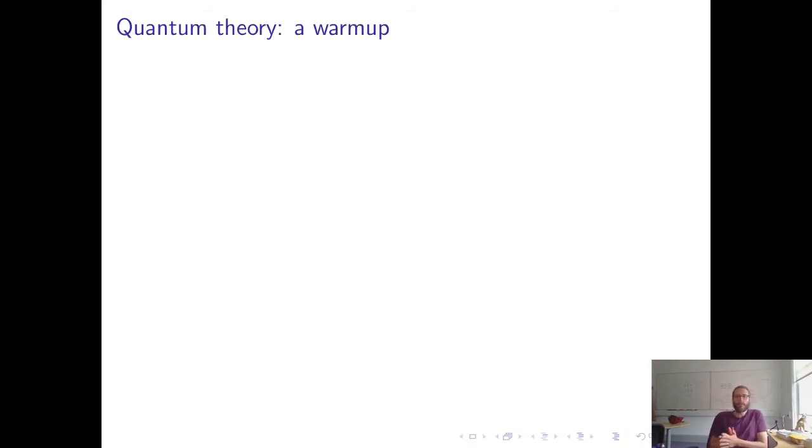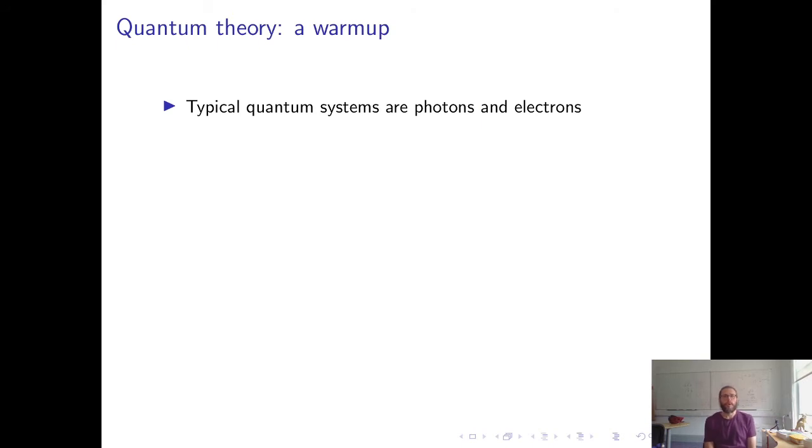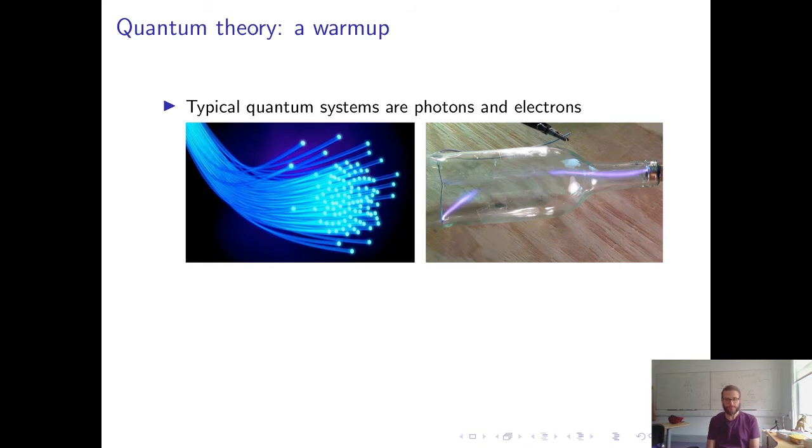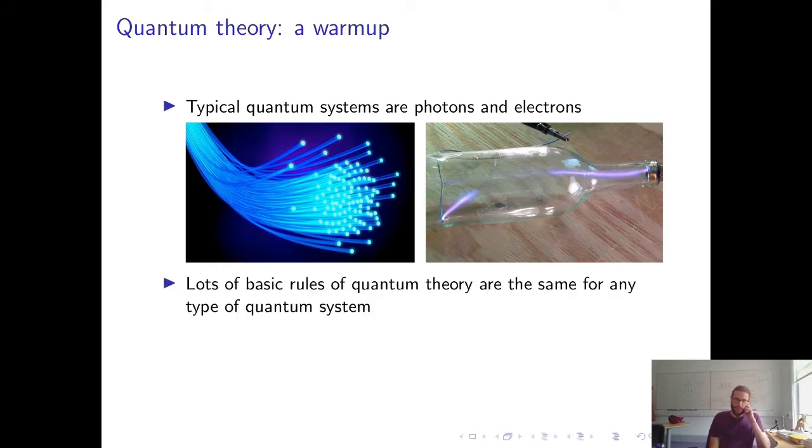Okay, so before we get there, I'll tell you a little bit about quantum theory. What is quantum theory? Well, quantum theory is the theory of very small particles. Typical quantum systems are photons and electrons. But lots of the basic rules of quantum theory work the same no matter what the system is.